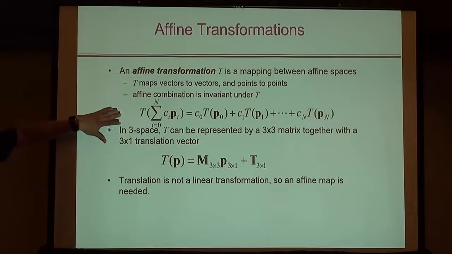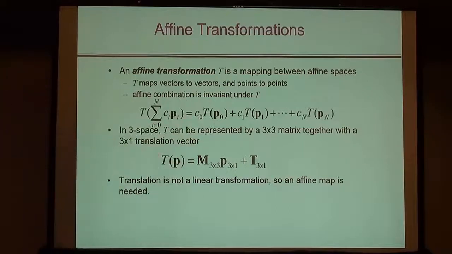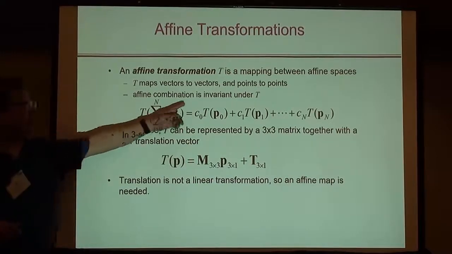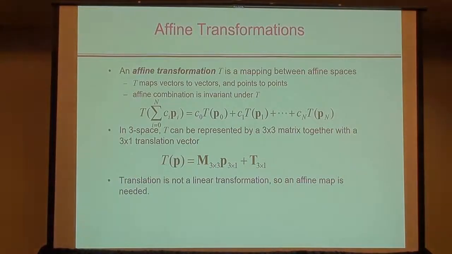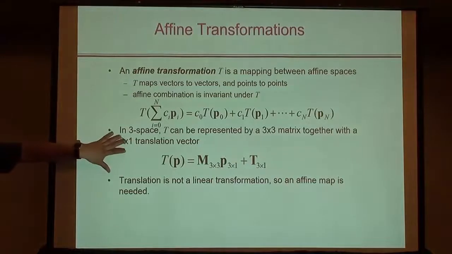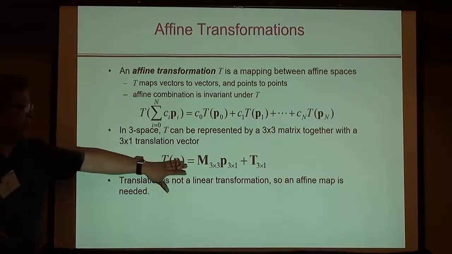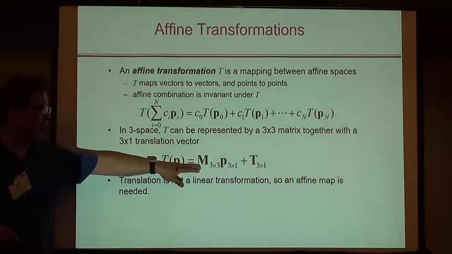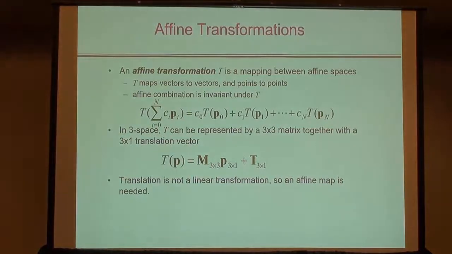Affine, this is a summary of what we have talked about. It maps vectors to vectors and points to points. A linear operation could map points to vectors that are not necessarily points. And for what we are dealing with in kinematics, it has the rotation matrix plus a translation. That's the well-known rigid body transformation.